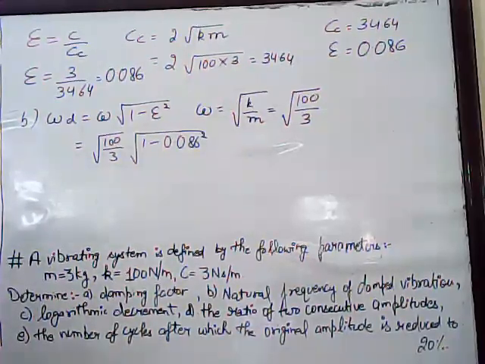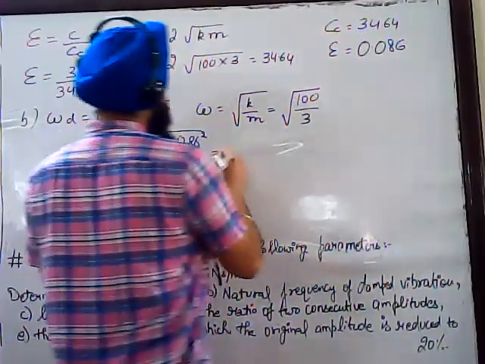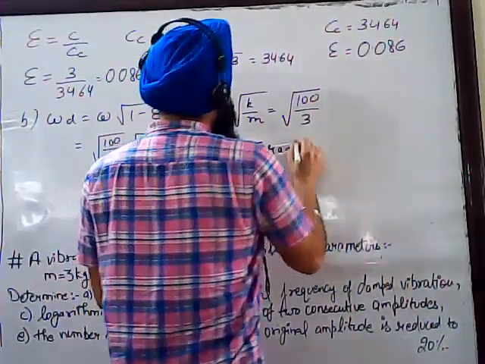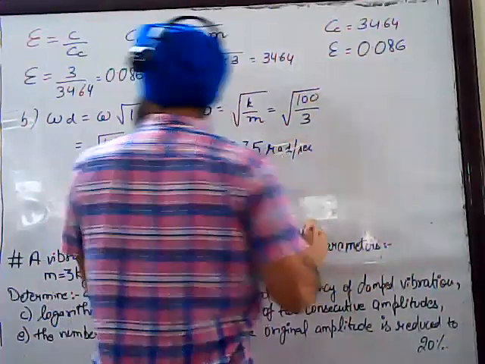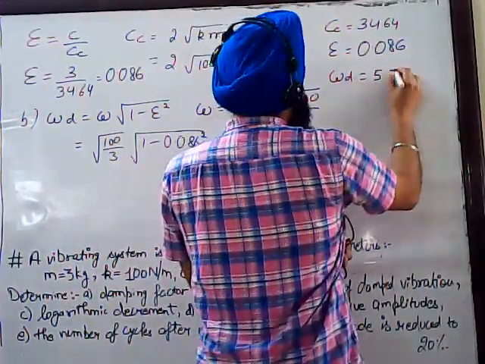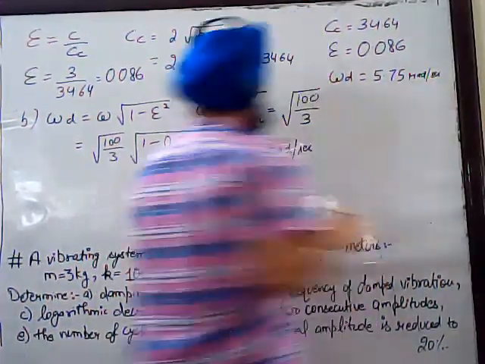So the value of omega d will be 5.75 radian per second.